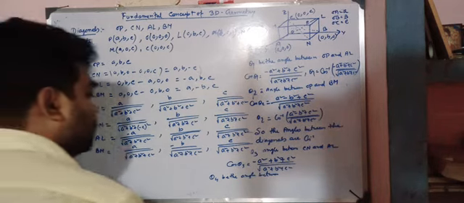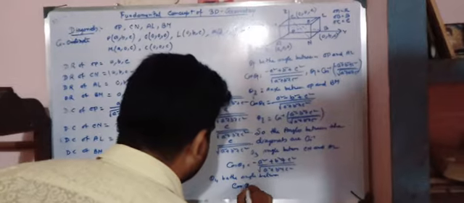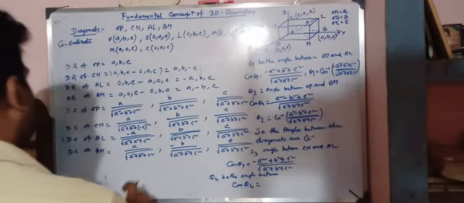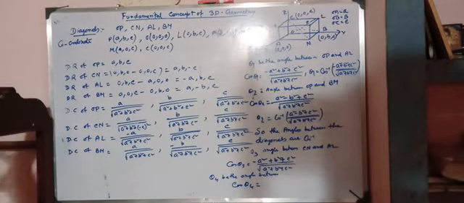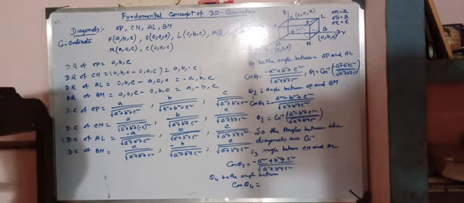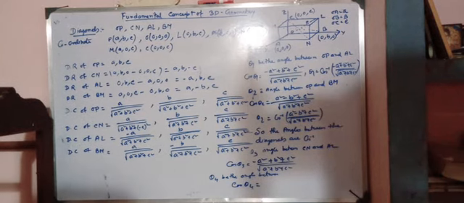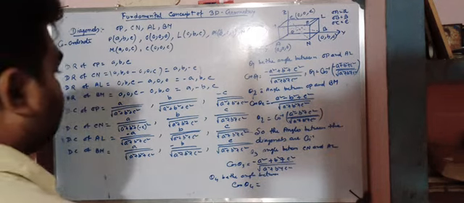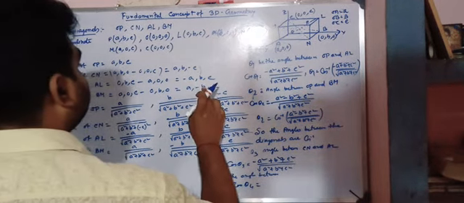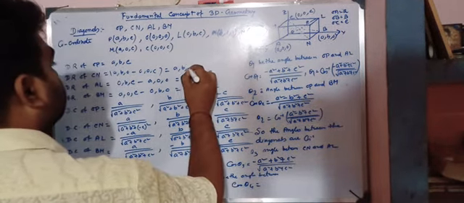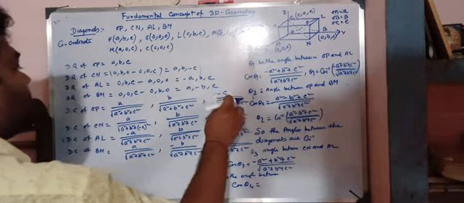Okay, so cos theta 4 is equal to... Viewers, there should be one change, that is here minus C should be there, so here one change should be.